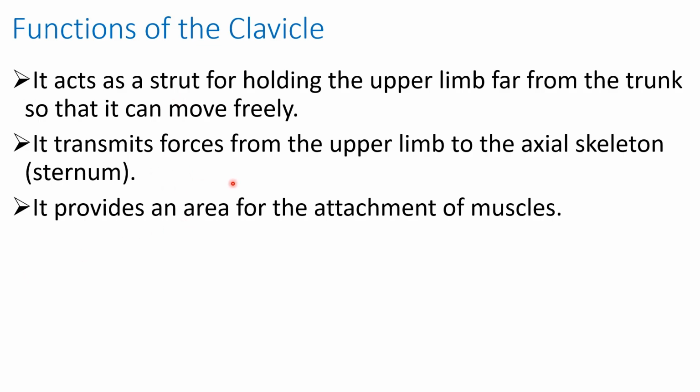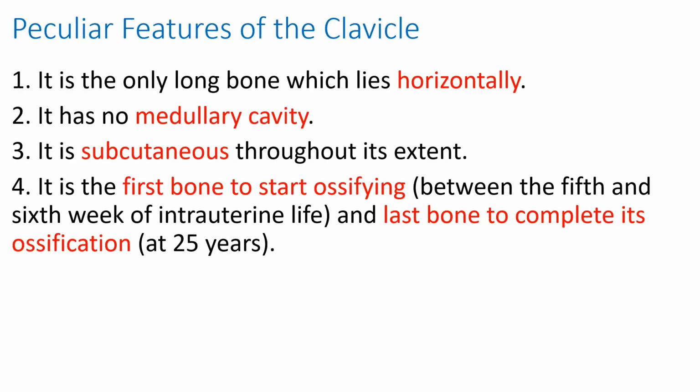Then it transmits forces from the upper limb to the axial skeleton, that is the sternum. The axial skeleton basically involves the skeleton within the trunk, that is the thorax and the abdomen. Then it provides an area for the attachment of muscles. Several muscles attach to this bone, as we will see later.